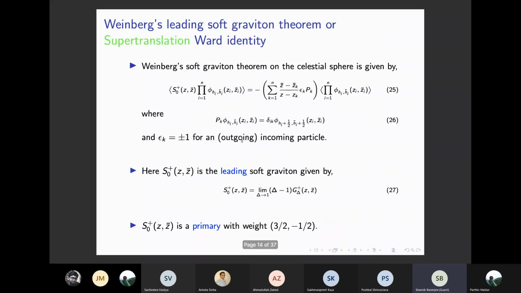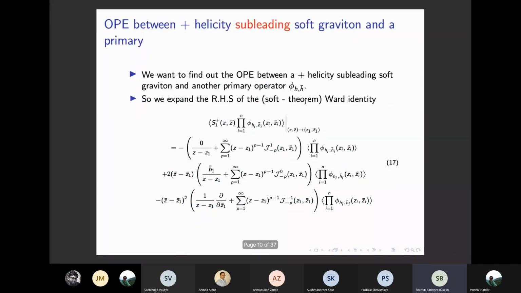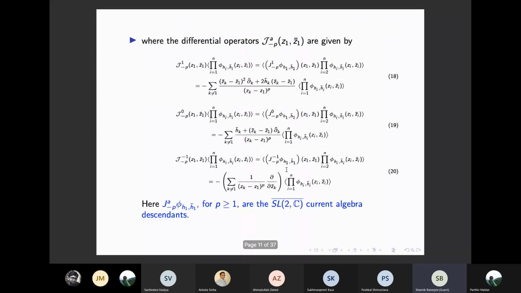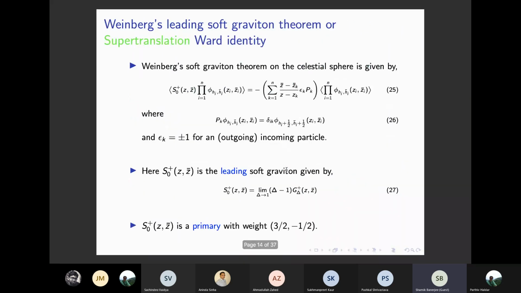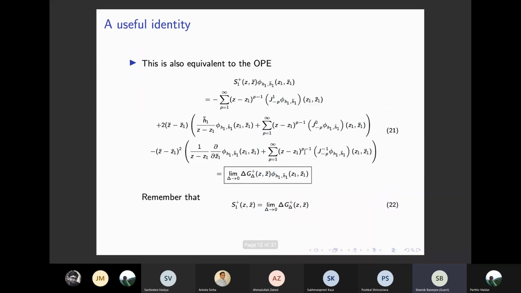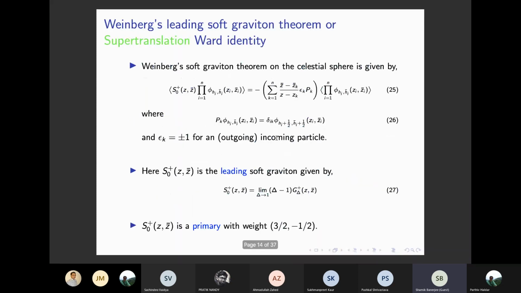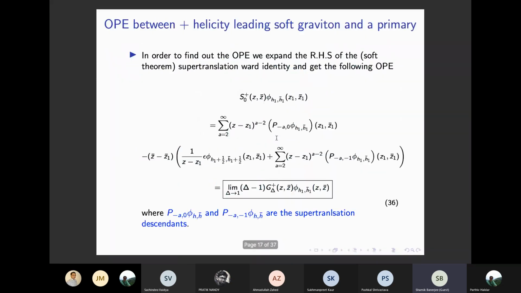So you just expand the right hand side of this soft theorem in powers of z minus z1 and z bar minus z bar 1, like the way we did here actually. And then of course we got this in the SL2C bar, and then we wrote it down as the OPE. Okay, so now you do the same thing here, and then you can write down the OPE in this form.